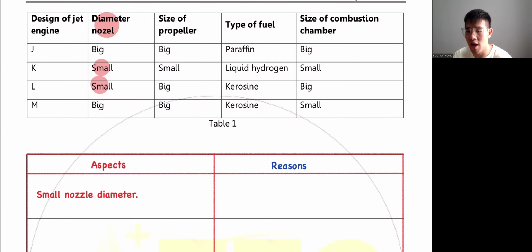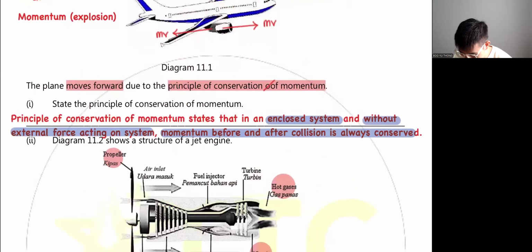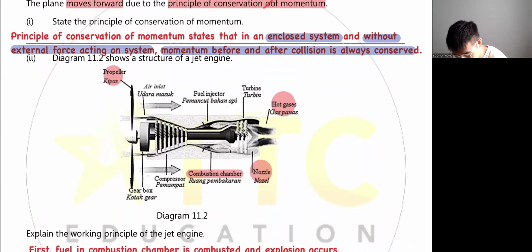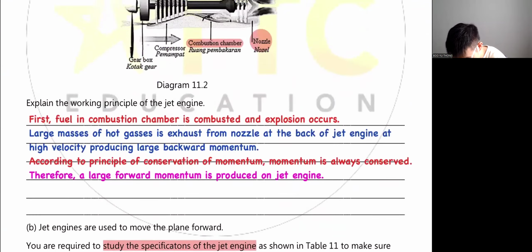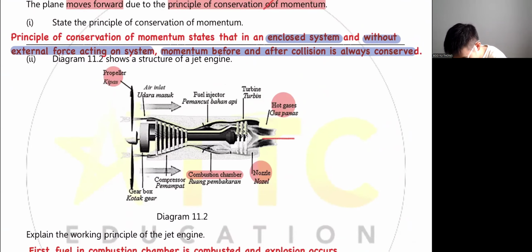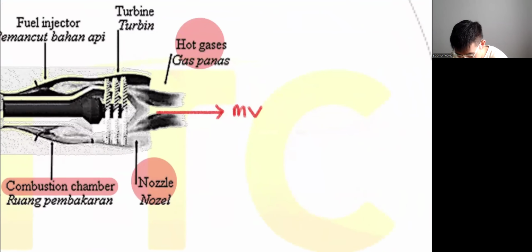So that basically happens to the nozzle of the engine also. When the engine nozzle is smaller, the air flows out from the nozzle a bit faster. And the reason why we want the air to expel faster is because, just now we discussed, the nozzle expels the gas, and because gas particles have mass, they are expelled with a velocity. If you make the nozzle smaller, the velocity of air particles flowing out will be faster.